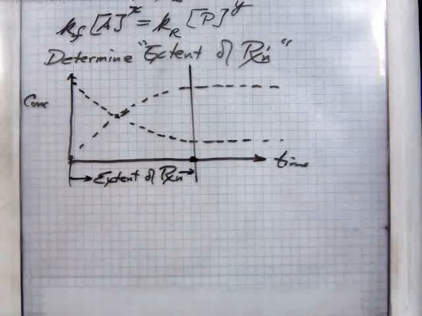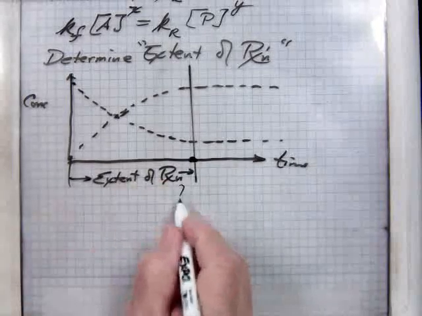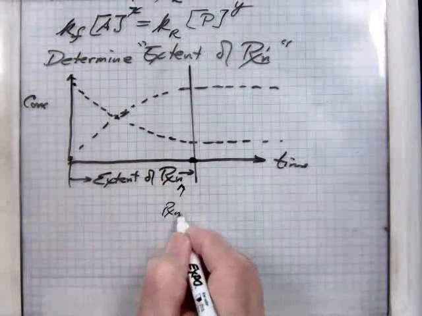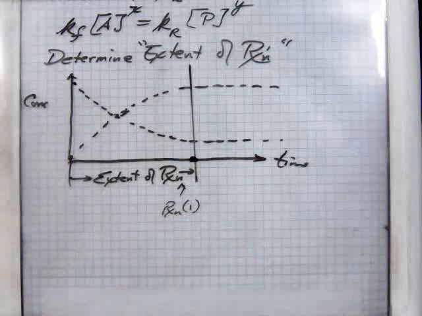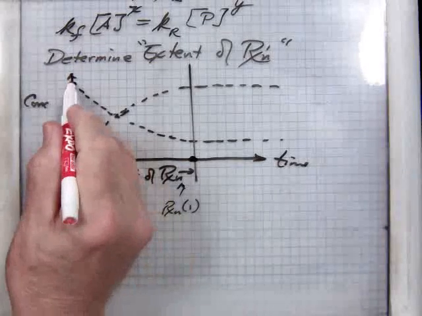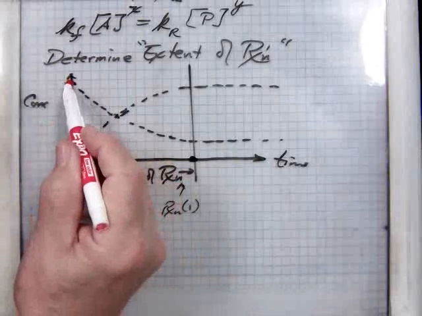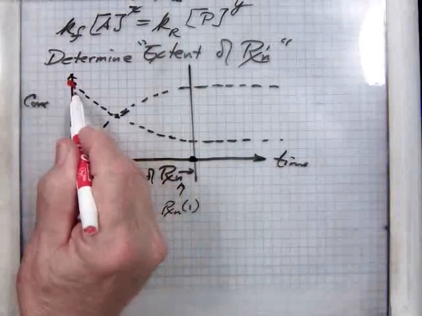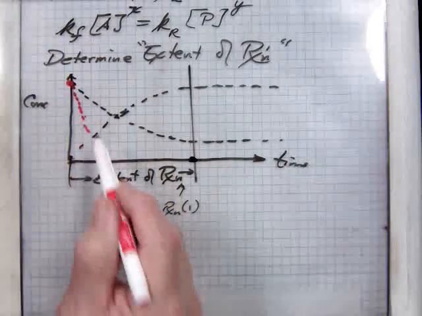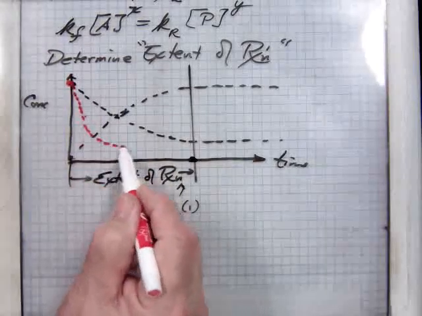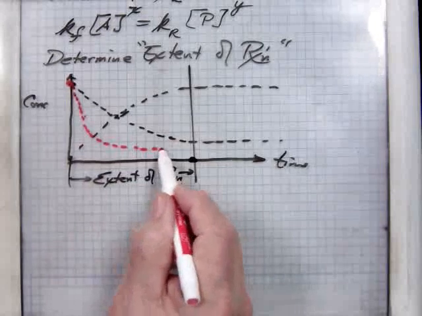Well, this is, say, reaction 1. A different reaction may have a very short extent of reaction in that it reaches equilibrium very quickly, such that we start at, say, 100% reactants, but we see a trend like this. I'm going to separate them because they're different reactions essentially.